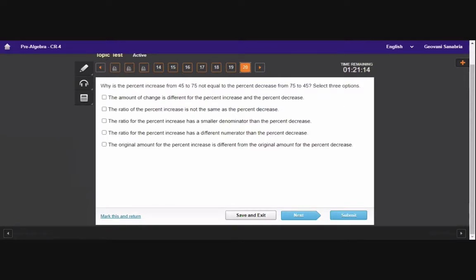Why is the percent increase from 45 to 75 not equal to the percent decrease from 75? Select 3 options. Oh, this one's a hard one.